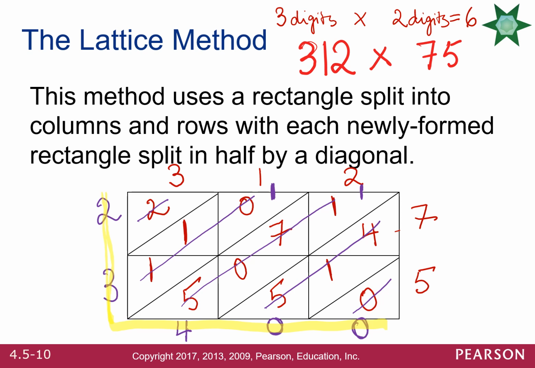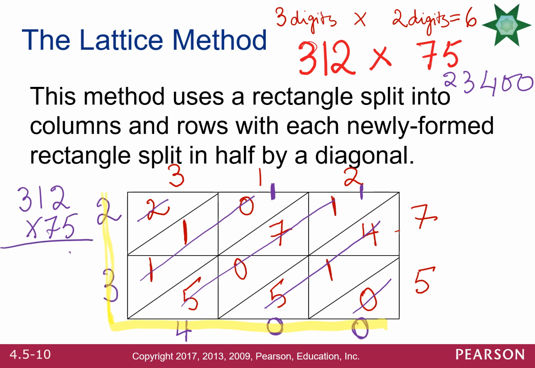So the final answer for multiplying 312 times 75 is going to be 23400. Now I'm going to quickly perform the same multiplication using the method that we've learned traditionally. And let's see if we get the same answer.